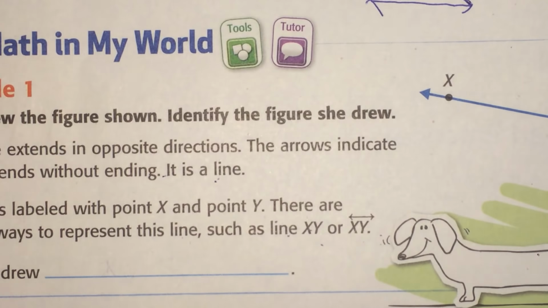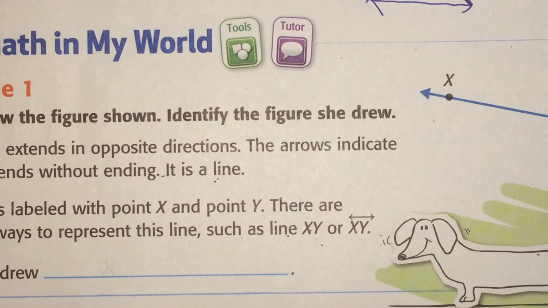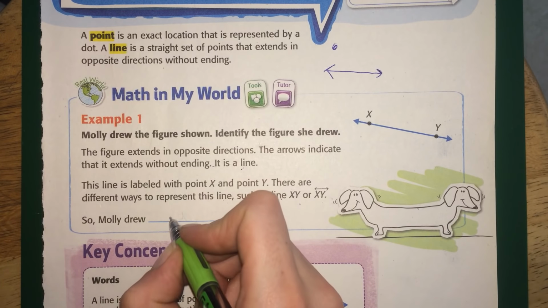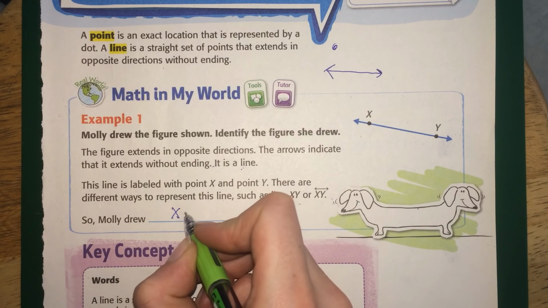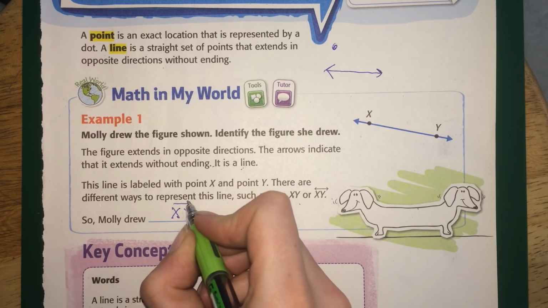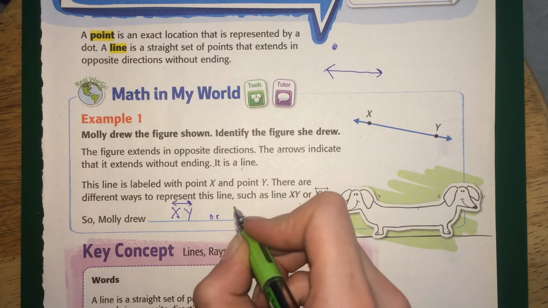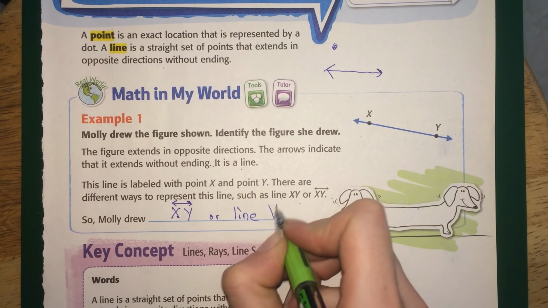And if you can see there, it has the little arrows on the end so that we know that it's different. So we're going to do XY with the line symbol over top, or we can write line XY.